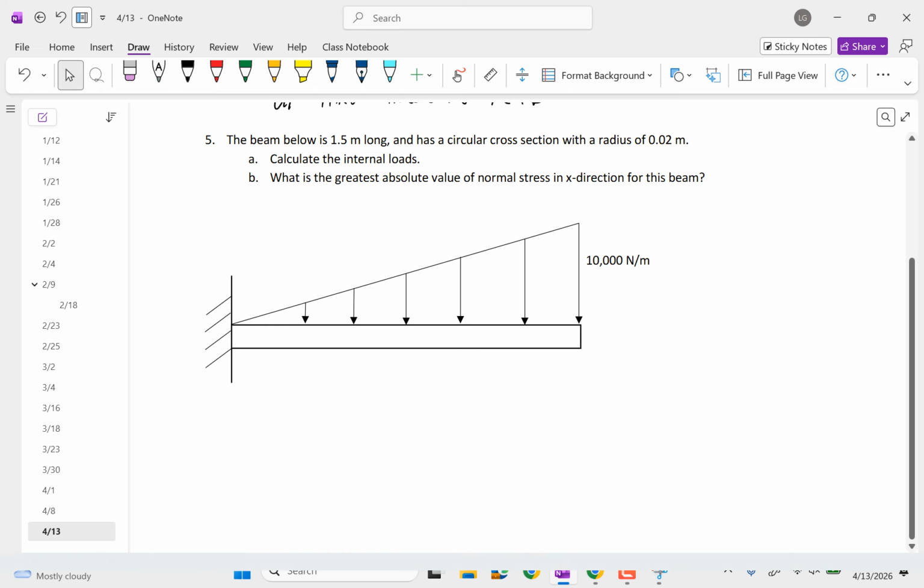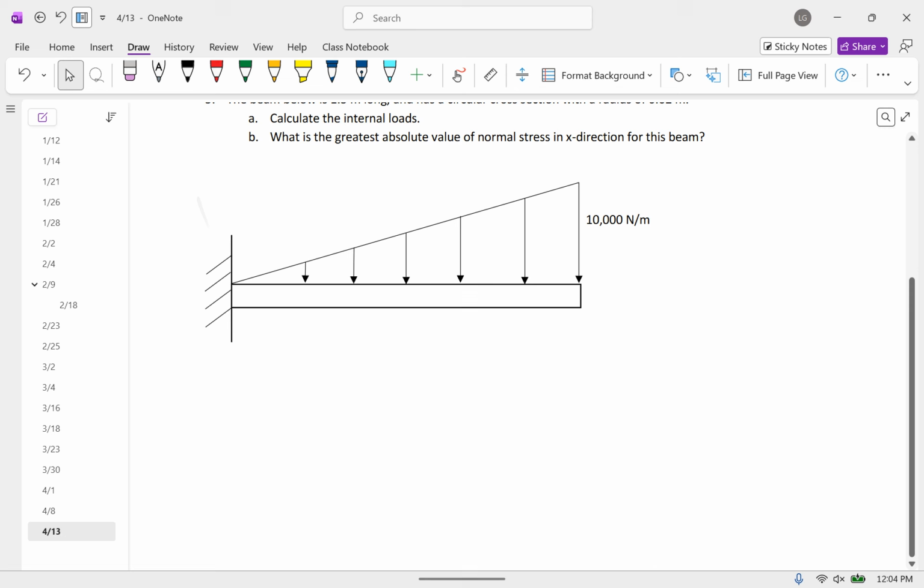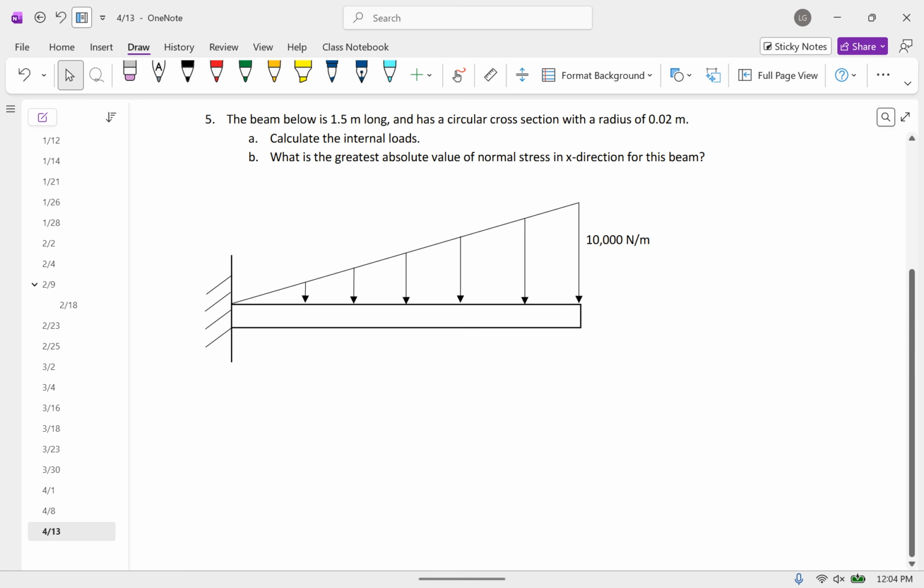All right, so first you have to calculate the internal loads, and then we have to do some thinking about where to analyze the stress tensor and then calculate the stress tensor using the stuff we've been doing. So to calculate the internal loads, first we have to calculate the external loads.